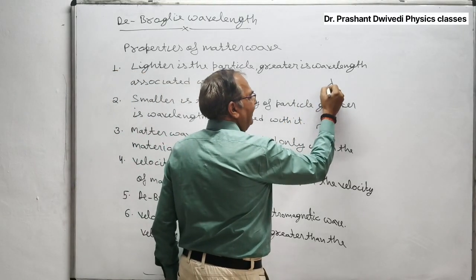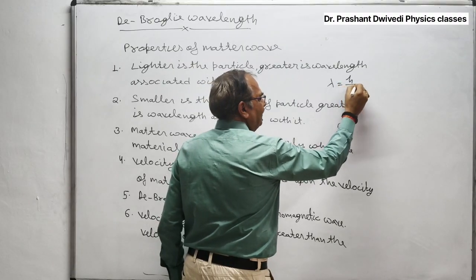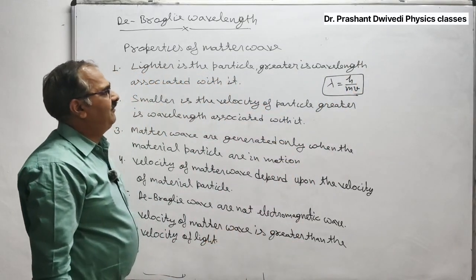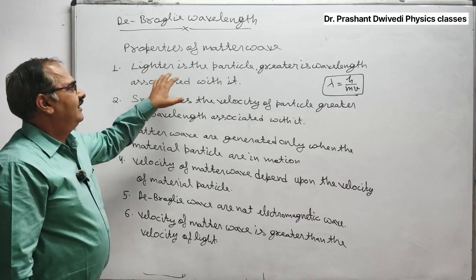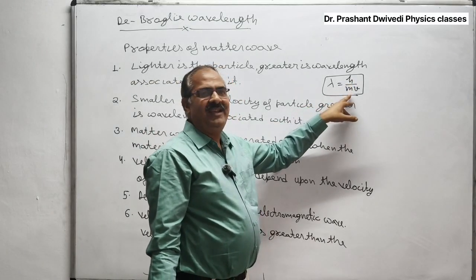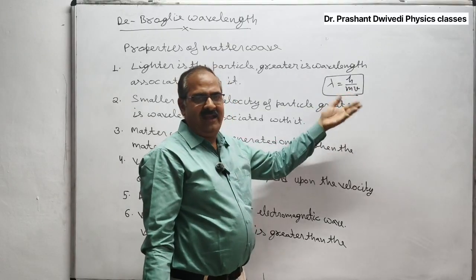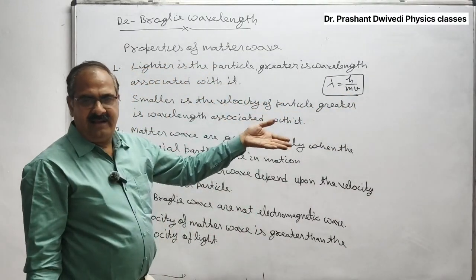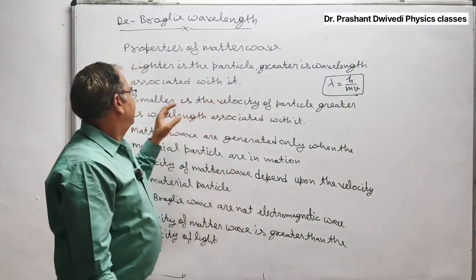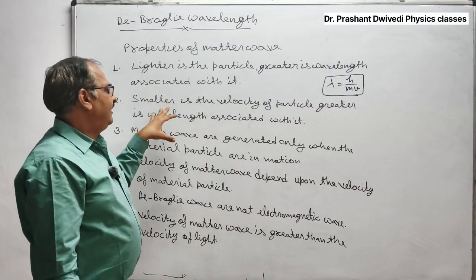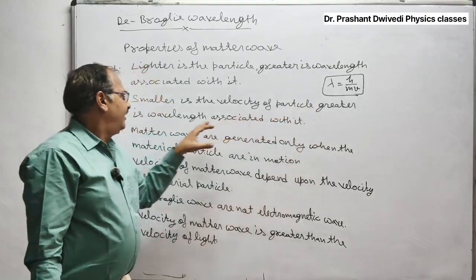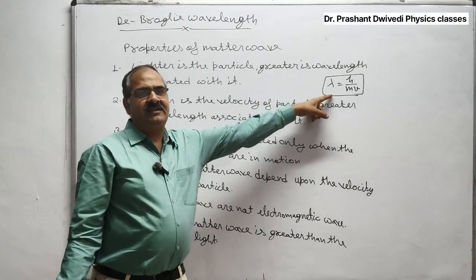Lambda is equal to h upon mv. If m is lighter, the wavelength is greater. Second, the smaller the velocity of the particle, the greater the wavelength associated with it.